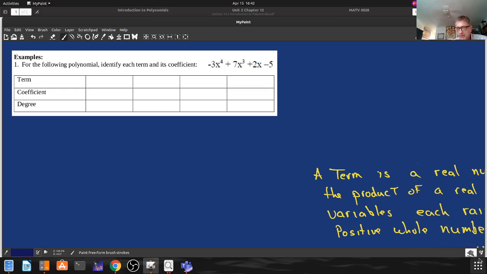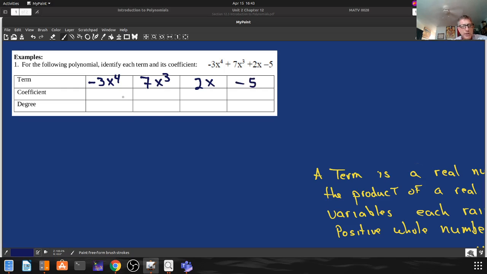I think I can write on this. I've been able to write on it in the past. Minus 3x to the fourth is one term. 7x cubed is another term. 2x is another term. And minus 5 is the last term.